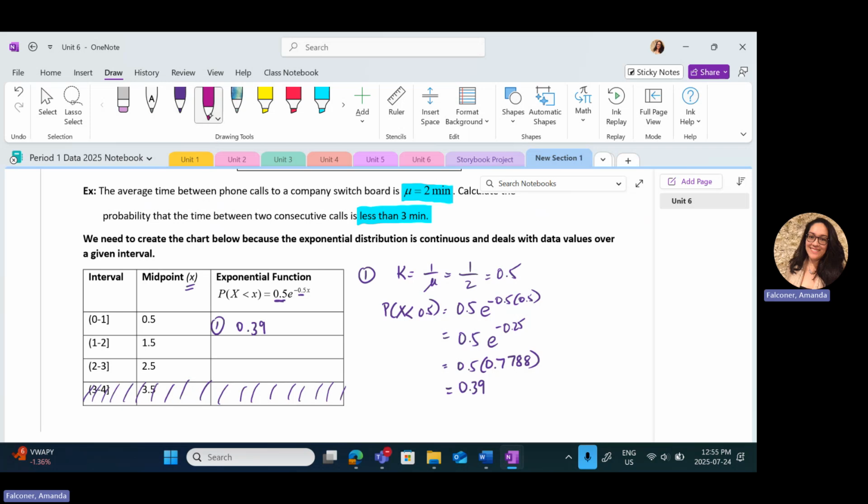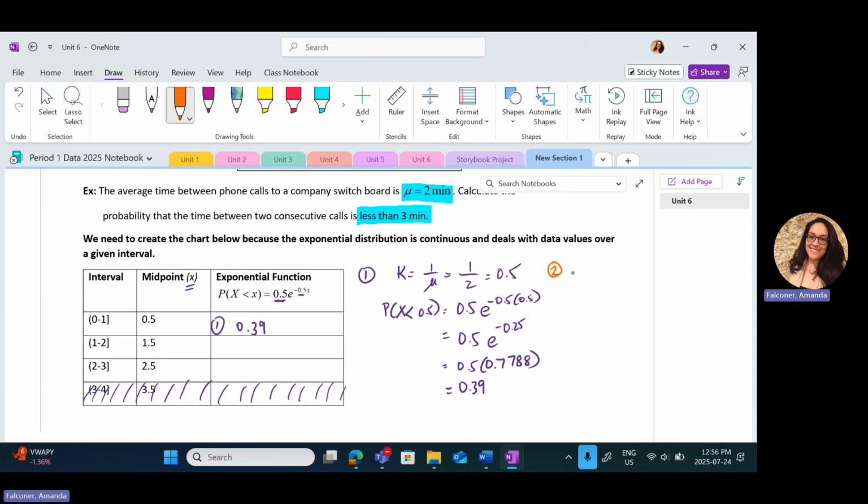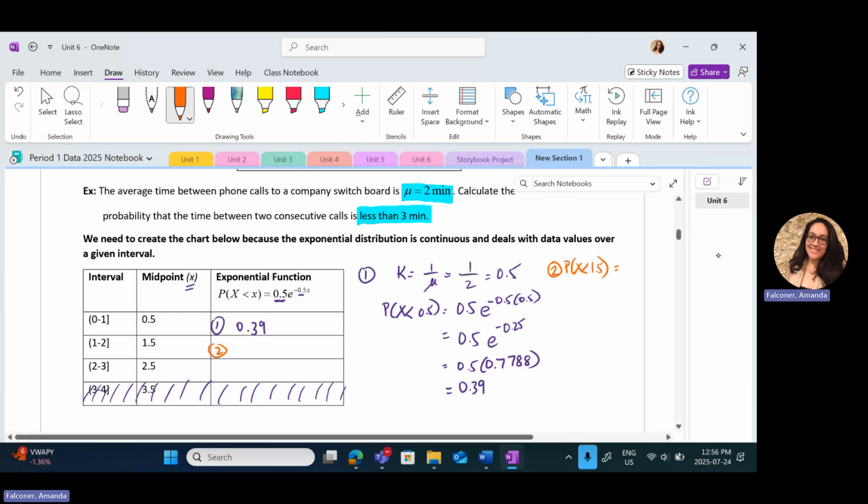Now I'm just going to change colors, and I'm going to go with orange here. So for my second section, I'm going to be saying that the random variable x is less than the midpoint of 1.5. I'm going to be substituting in 0.5 times Euler's number to the negative 0.5 times 1.5.